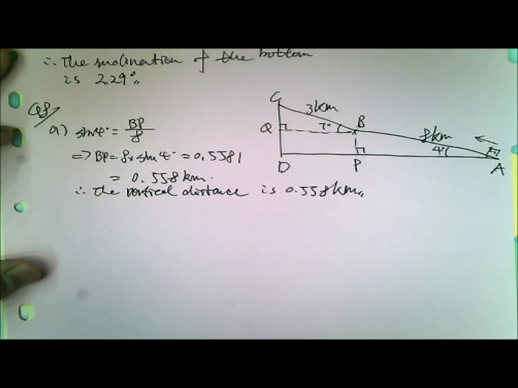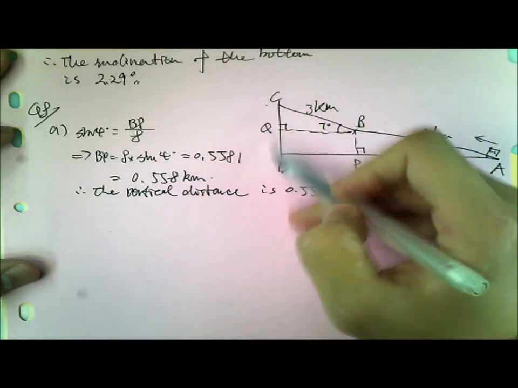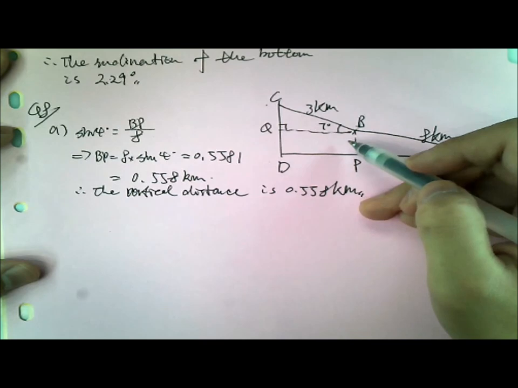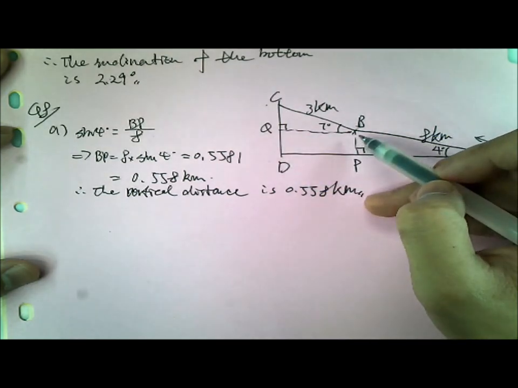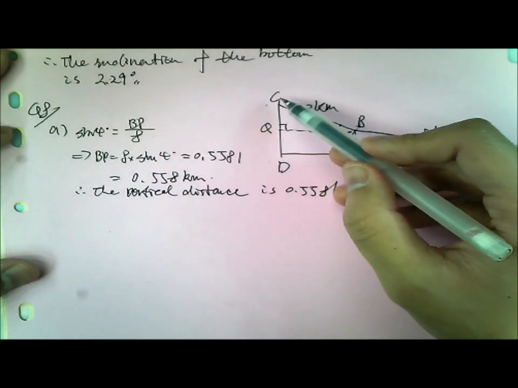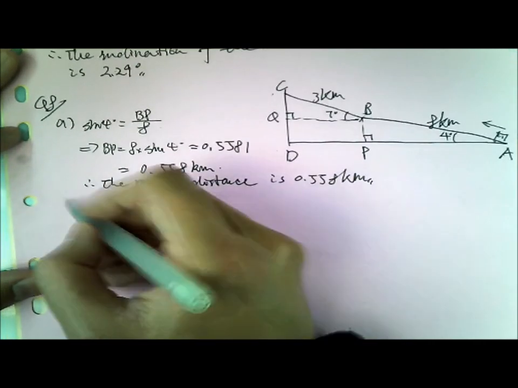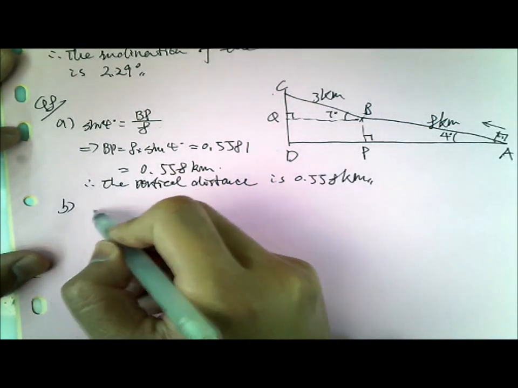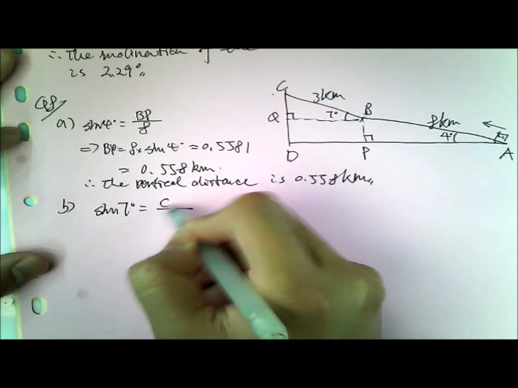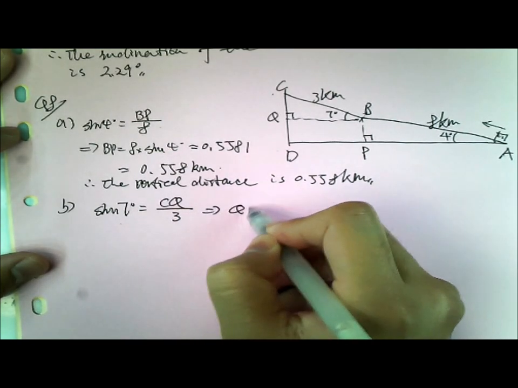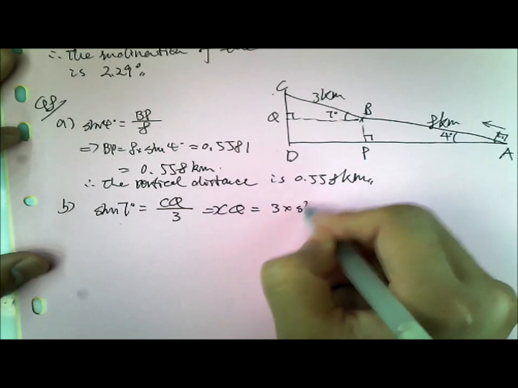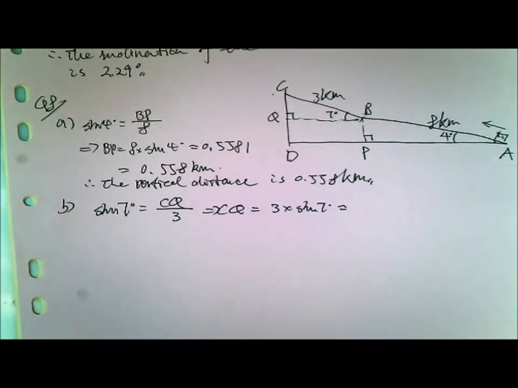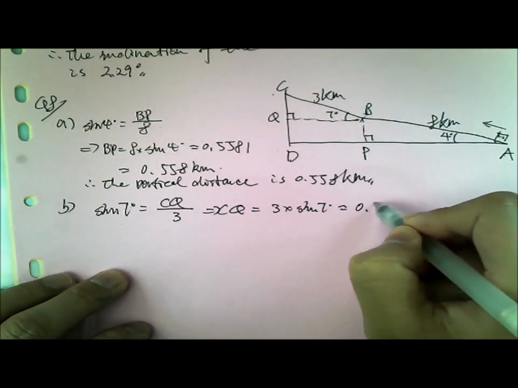So next, you have to find out the C. The vertical distance C to A should be CD, not CQ. Understand? But actually, QD is the same as BP, right? So you have to find out CQ. In this triangle, you do the same thing. Sine 7 degree equal to CQ divided by 3, and then CQ equal to 3 times sine degree 7. Then you have to calculate.